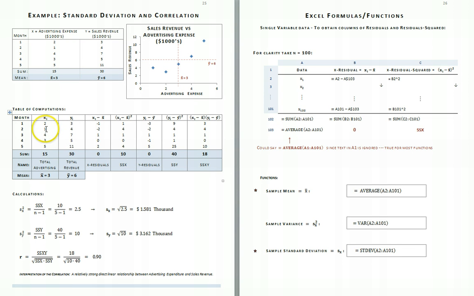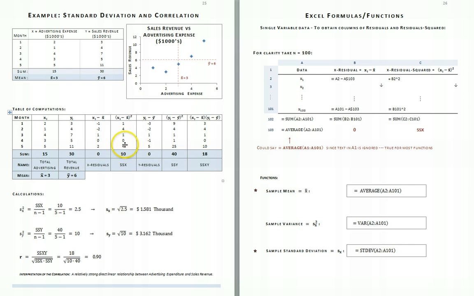The second month, advertising expenditure of $1,000 minus the average advertising expenditure per month of $3,000 gives us a minus $2,000 advertising expenditure residual, saying that the second month's expenditure on advertising, the $1,000, is $2,000 below average, and so forth. And as always, when we sum a column of all residual values, we get 0.